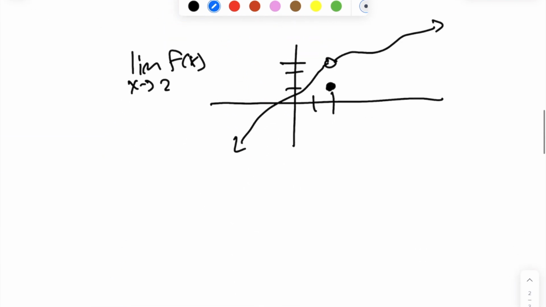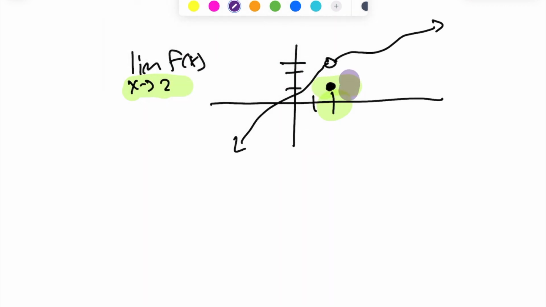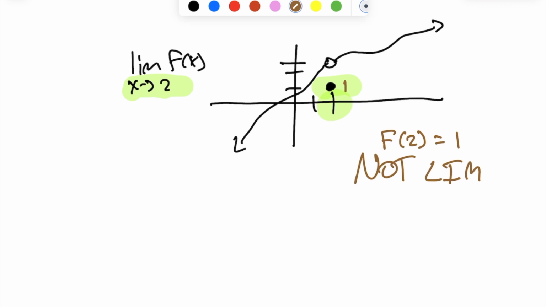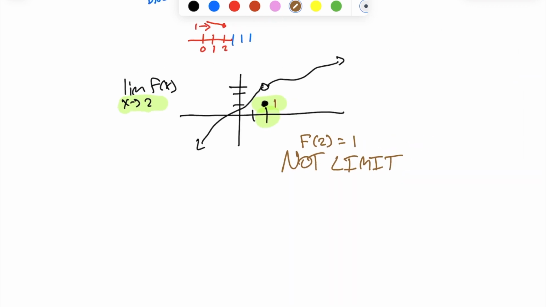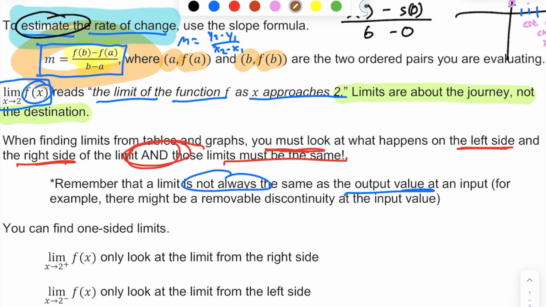If we want to find the limit as x approaches 2, here at 2 we actually get a value. It comes to 1. So f of 2 gives us an answer of 1. However, that is not the limit. Remember, the thing I asked you to know really well, highlighted in green here on the screen: limits are about the journey, not the destination.